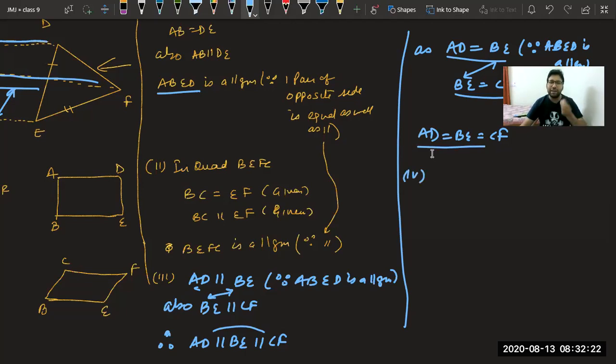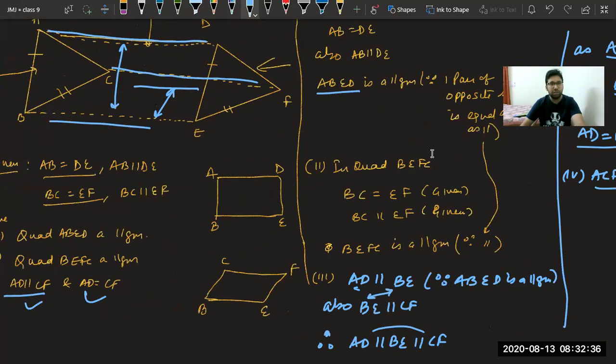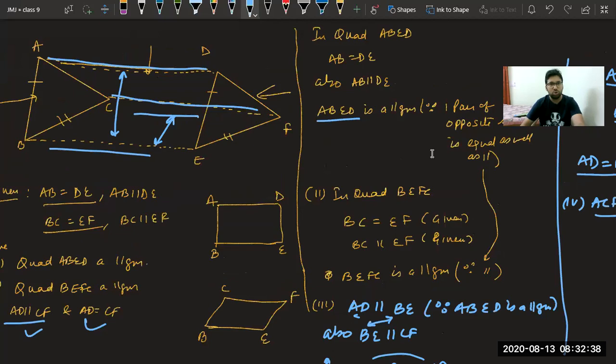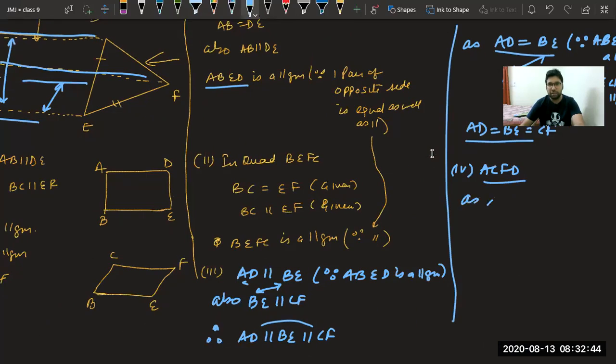Now, what about the fourth part? Every part is helping the other part. You can see it is saying prove ACFD a parallelogram. Let us take ACFD. We have already proved AD is parallel to CF and AD is equal to CF. We have proved in the third part that AD equal to CF and AD is parallel to CF.